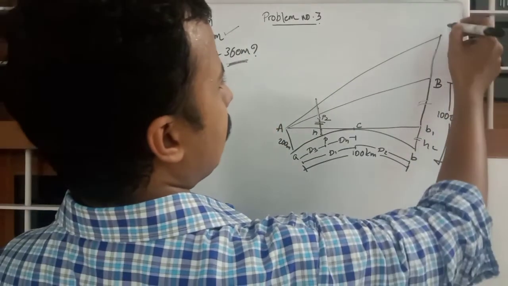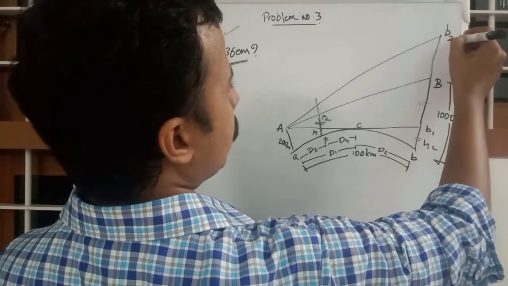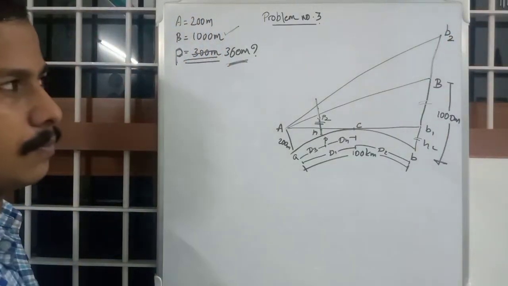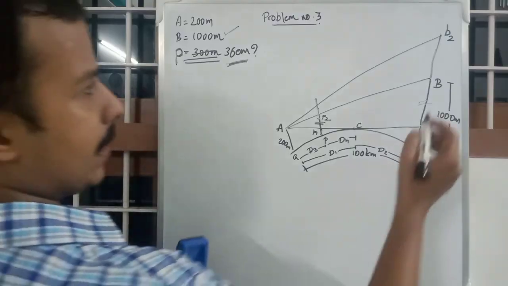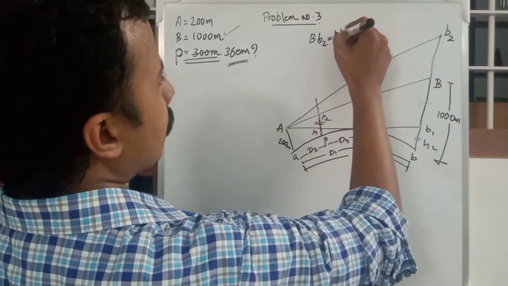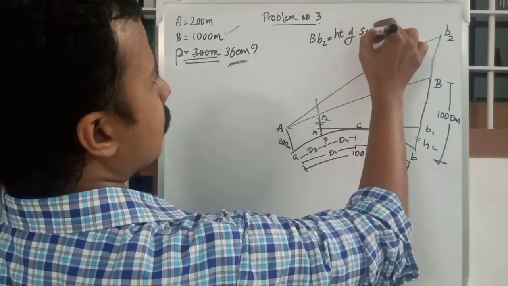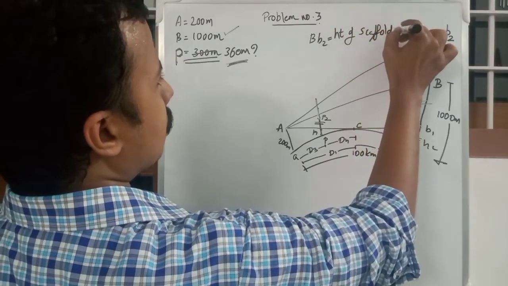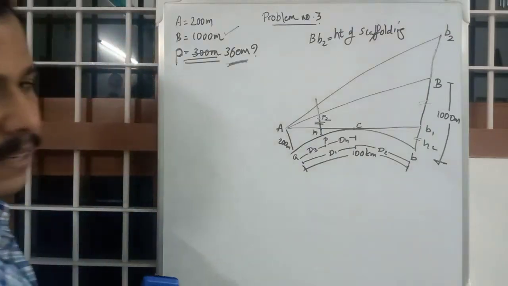Okay, and we name it B2. Hence BB2 will be the height of scaffolding, our final answer.